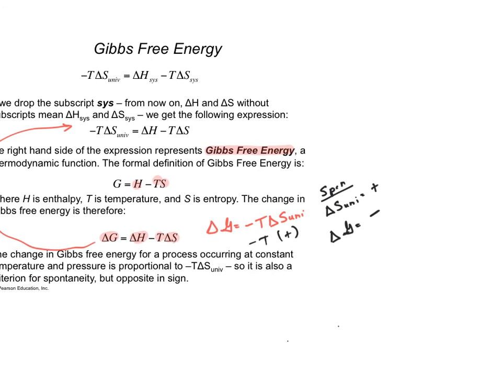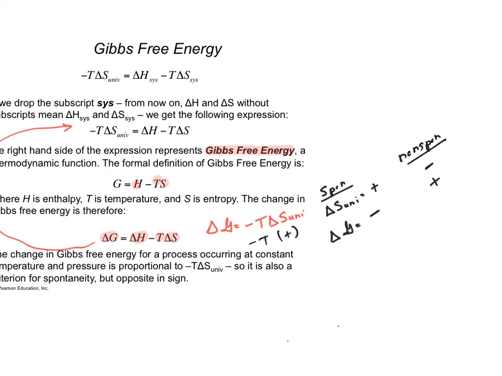Okay, so on the other hand, if we have non-spontaneous processes, delta S, if it's non-spontaneous, is negative, right? What does that mean in terms of delta G then? It's going to be a positive value, okay? So we're kind of switching gears, unfortunately, right? We've been looking at this entropy change of the universe and predicting spontaneity from that.